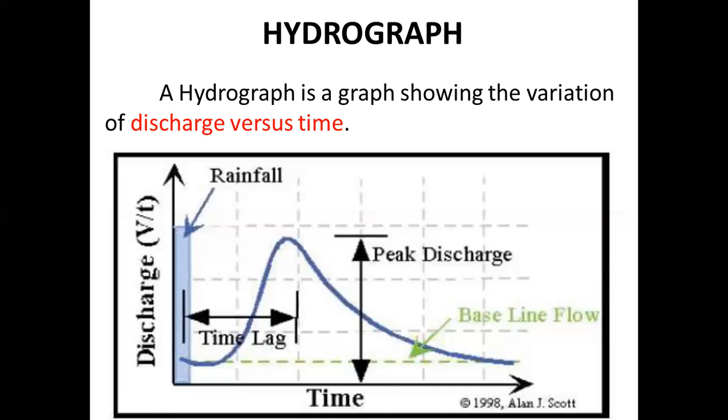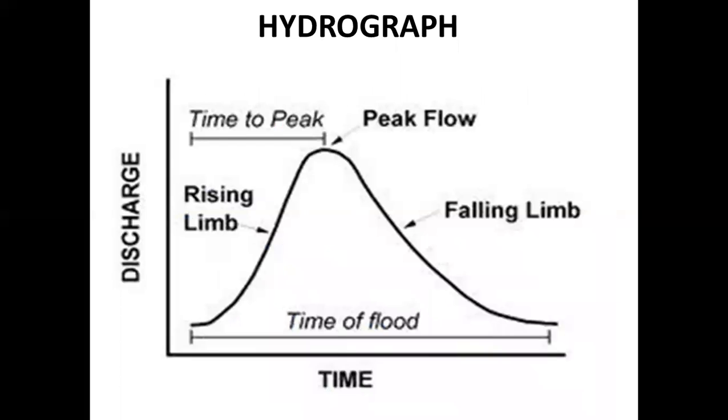To understand this better, you can see here it's discharge versus time. This is called the rising limb. Then there is the peak flow. The time taken from this point to reach the maximum point is called the time to peak.